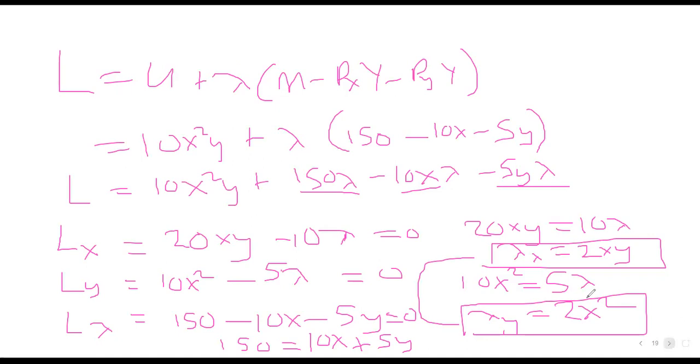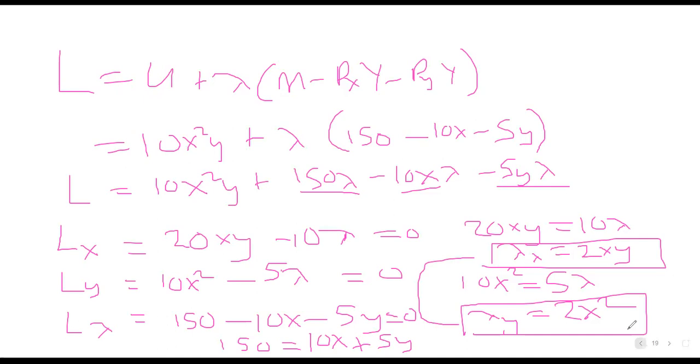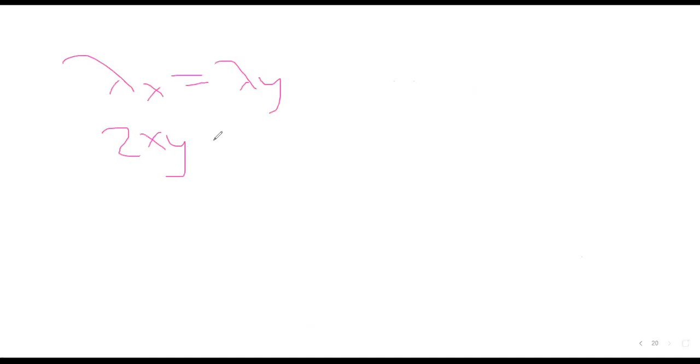So lambda x should be equal to lambda y. 2xy is equal to 2x². We divide both sides by the common factor, 2x, and so here we're going to have y is equal to x. The same thing we did.